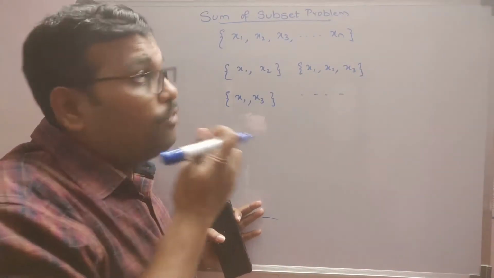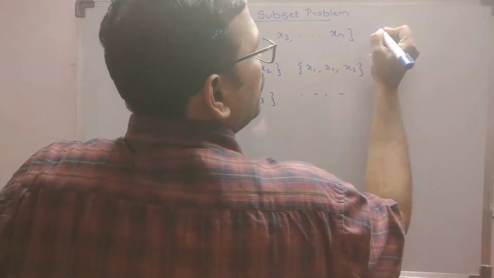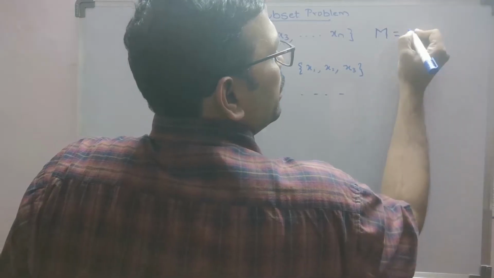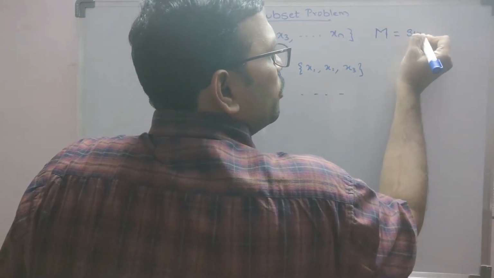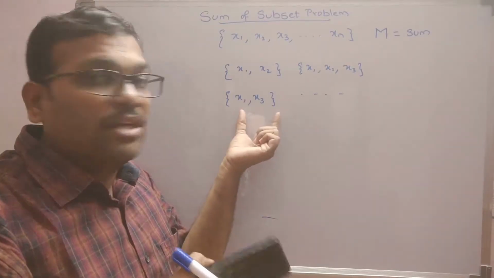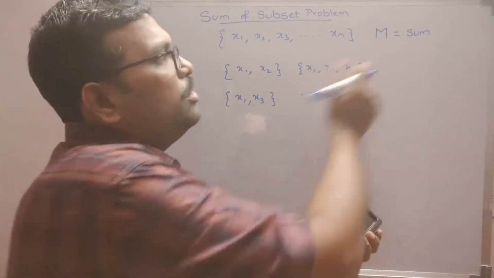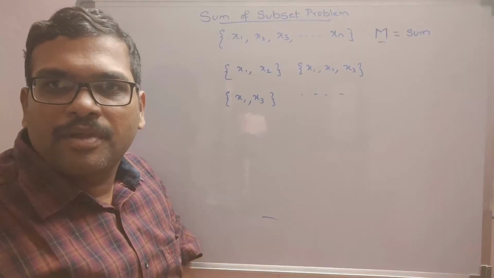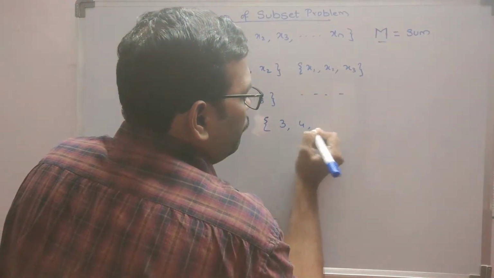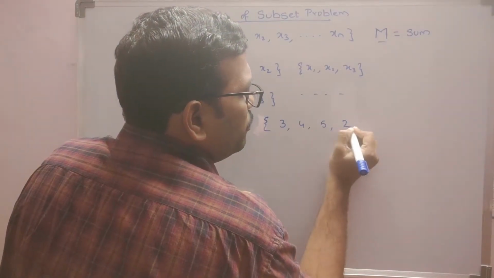So here we need to consider a sum, which is denoted as m, and we need to form the subsets whose sum is equal to this m. For example, let us take 3, 4, 5, 2.